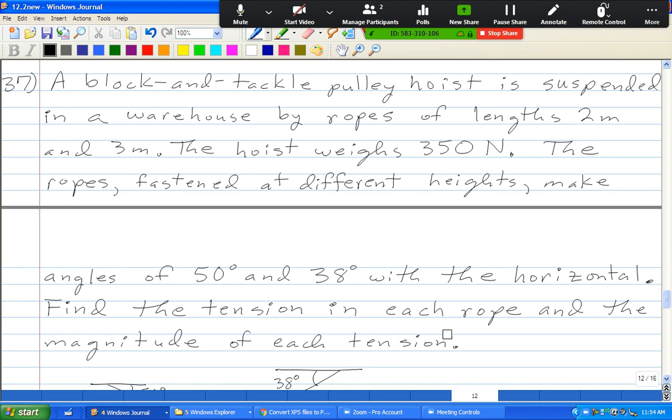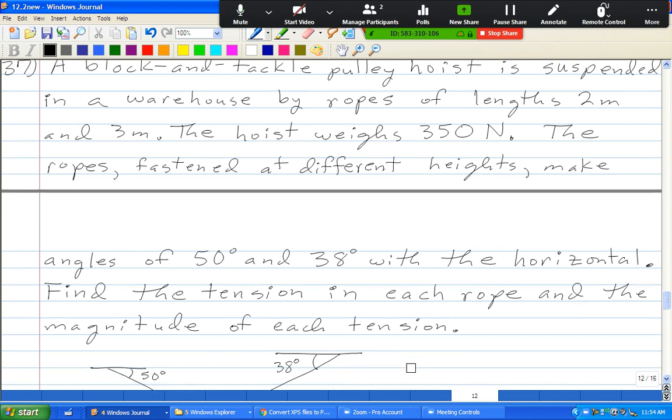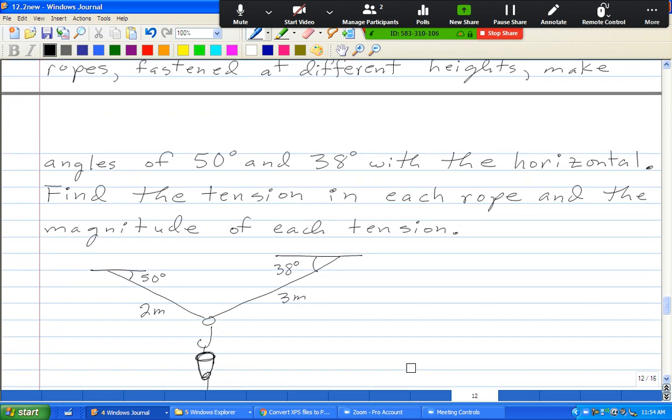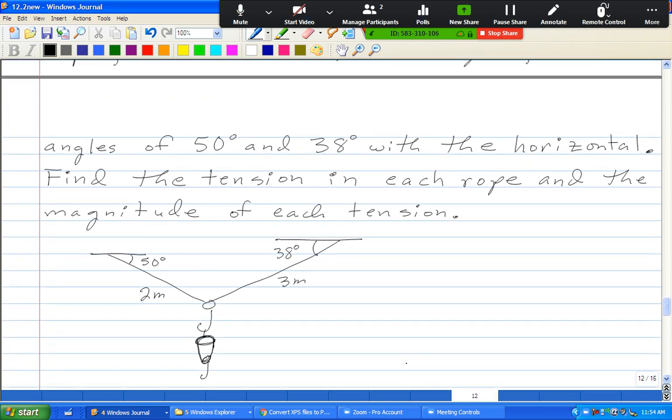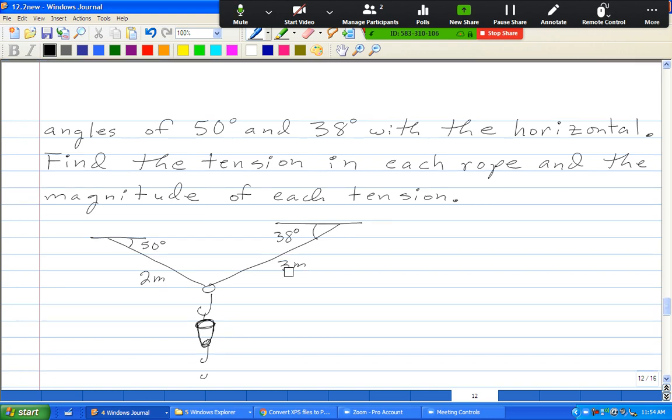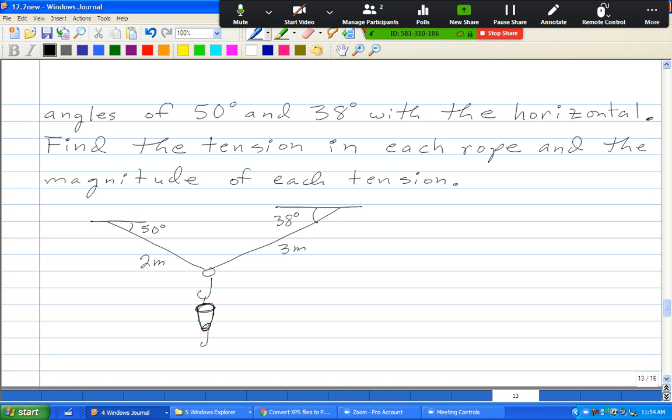Find the tension in each rope and the magnitude of each tension. So this has length 2 meters, and the angle here is 50 degrees. This is 3 meters, angle is 38. And this has a downward force of 350 newtons.